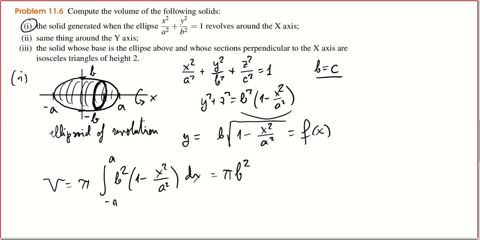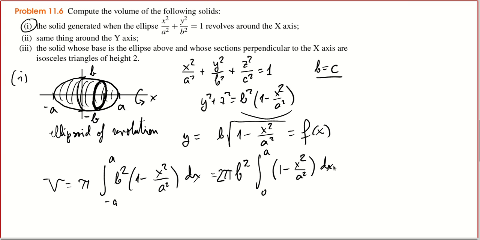Actually, we can multiply by 2, right, because it's symmetric and the function is even. We can multiply by 2 and integrate only half the interval. This is just like calculating half the volume, right, only the positive side, and multiply by 2.